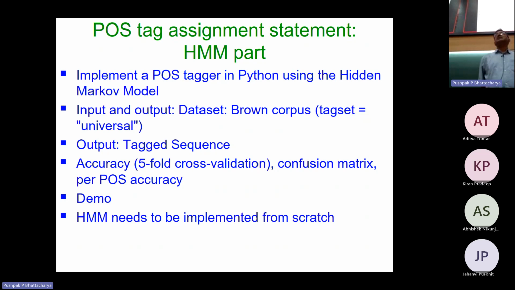So you have to observe approximately 40 tags, which are placed on the rows, and columns are the observed tags. The rows are the ideal tags, columns are observed tags, and you have to find out which cell has how many counts. Suppose you find that in the row corresponding to noun and the column corresponding to adjective, you have a large number, let's say 1347.